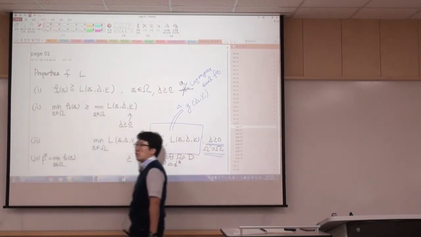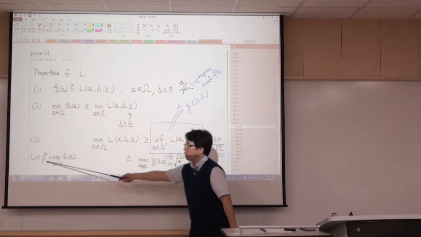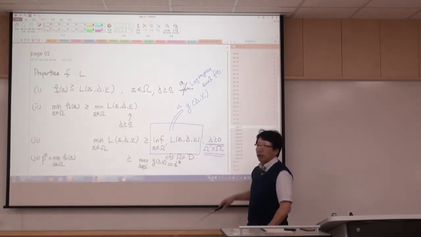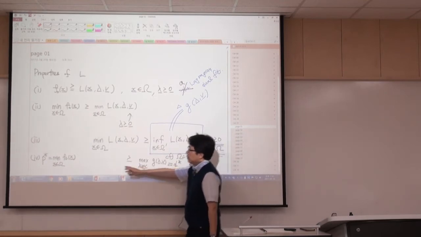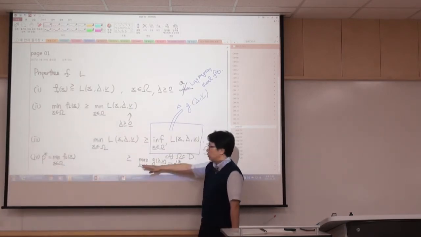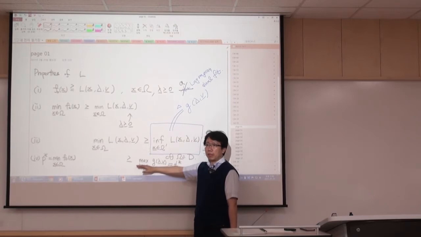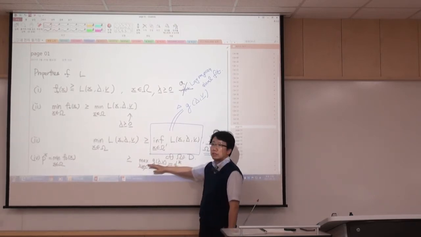If p star and d star are finite, we can always say this. And actually, an interesting thing is this. What if p star is negative infinity? In that case, usually this is infeasible. What if this is plus infinity?